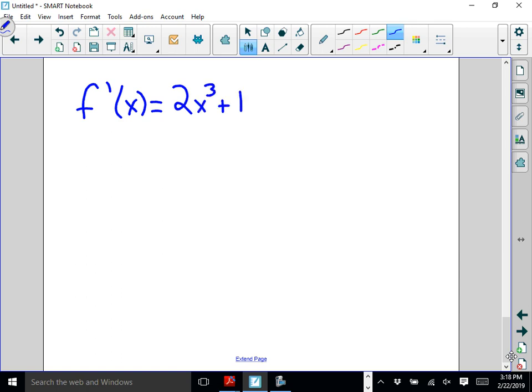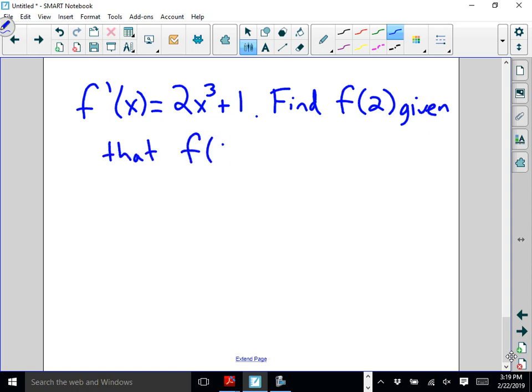I want you to find f of 2 given that f of 0 equals 10. Okay? So the difference in notation here is I'm not using lowercase f and cap F. I'm using f prime and f.